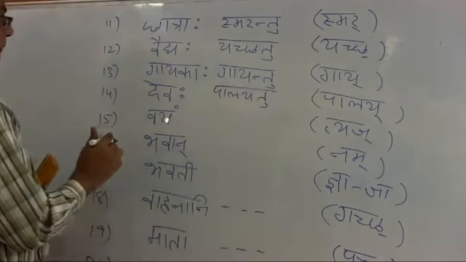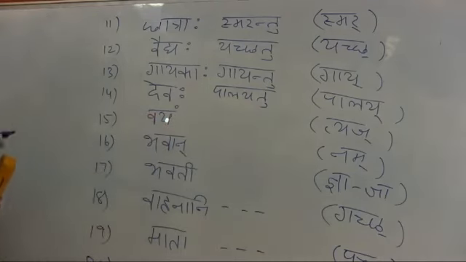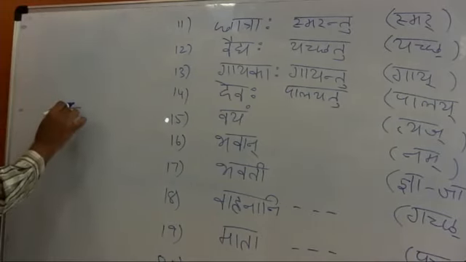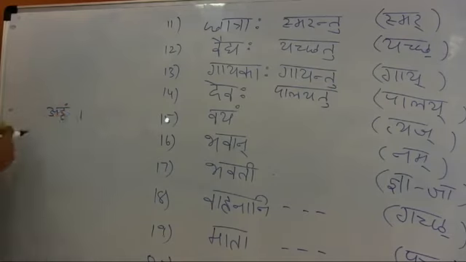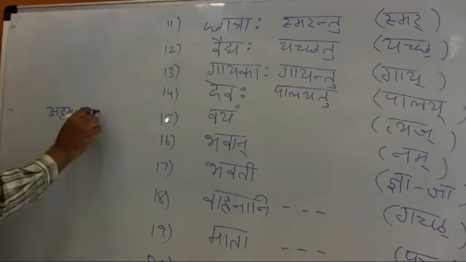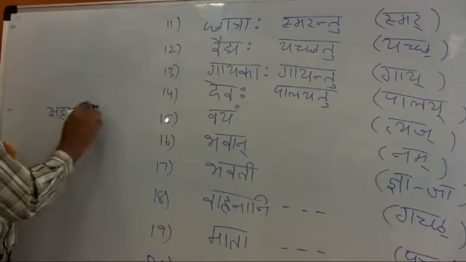Palayatu. Now, what is Vayam? First person plural number. I will write here on the left the complete first personal pronoun: Aham, Avam and Vayam.